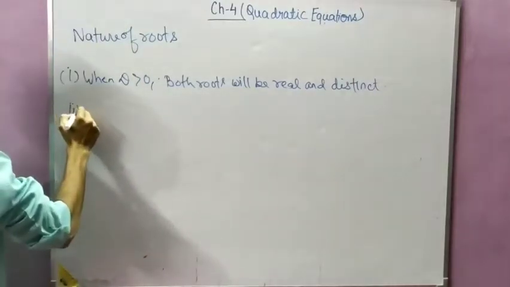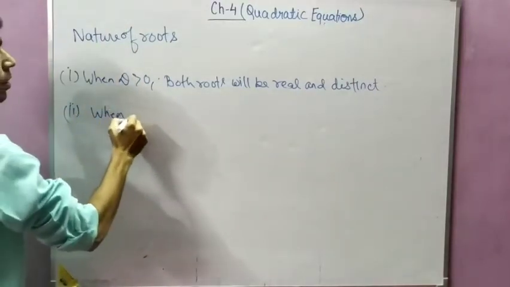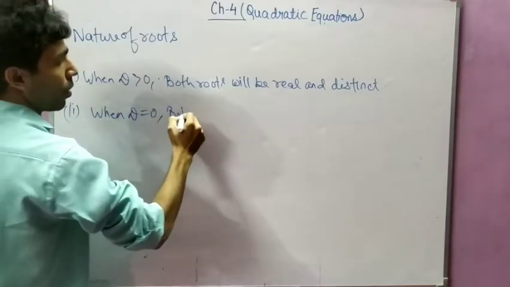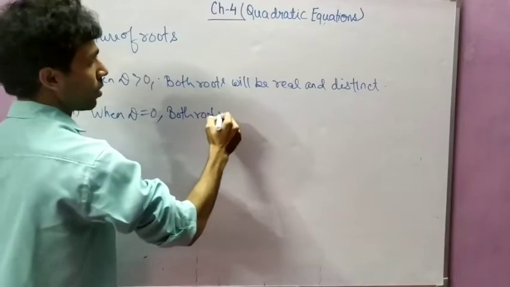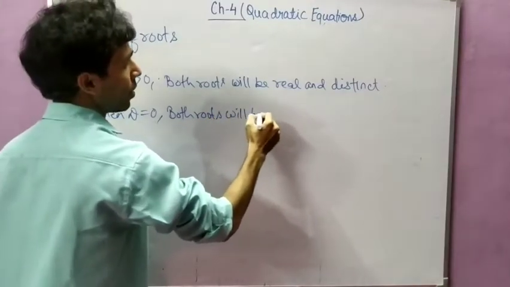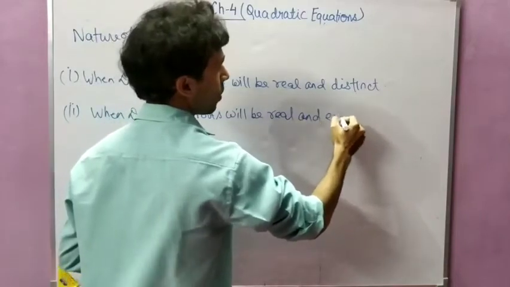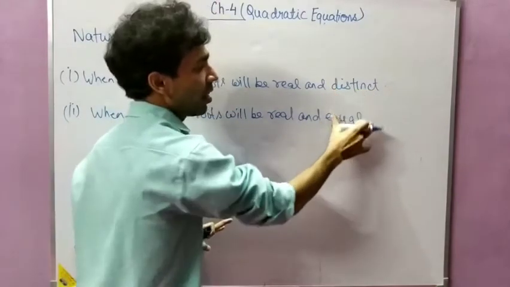Second case, when D equal to 0, both roots will be real and equal. Here is unequal, here is equal.